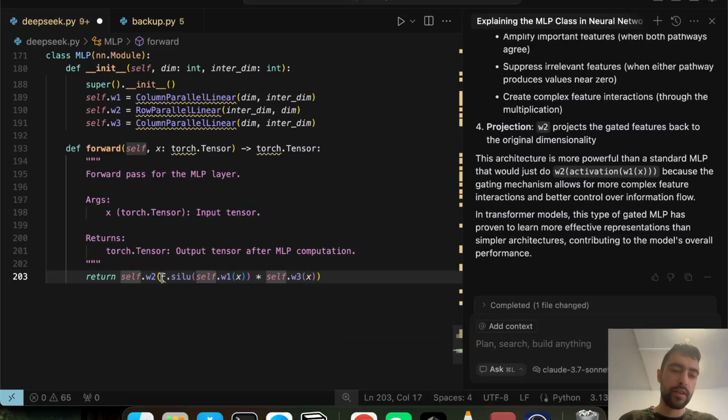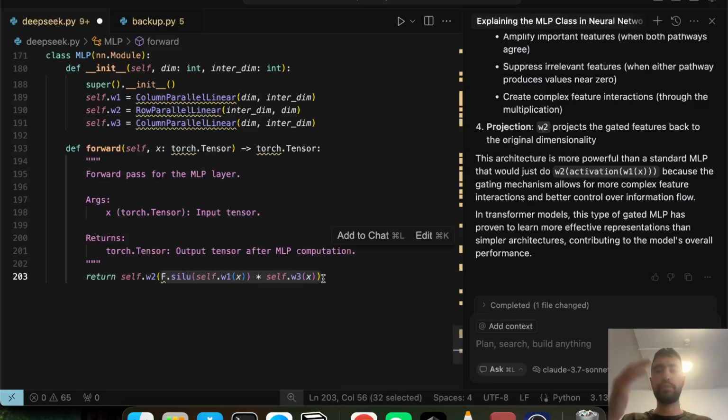So then W2 will convert from whatever we get here as the input dimension to the output vector. And this architecture is proven in transformers to learn better than if we just had W2 processing the activation function of W1. Because this gating mechanism allows for more complex feature interactions and better control over information flow.